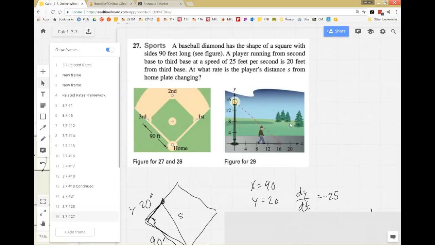These are all right angles, so it has the shape of a square, and the sides in baseball are 90 feet. So the baseline, 90 feet between all the bases. A player running from second to third base at a speed of 25 feet per second is 20 feet from third base at the moment. At what rate is the player's distance S from home plate changing?